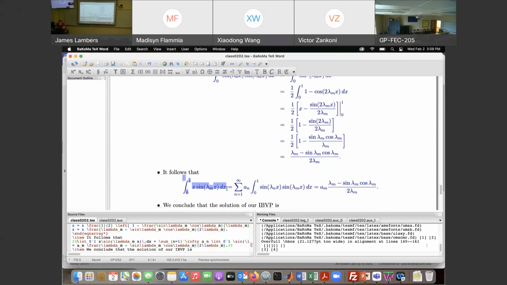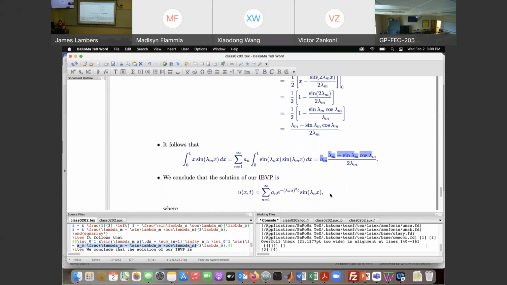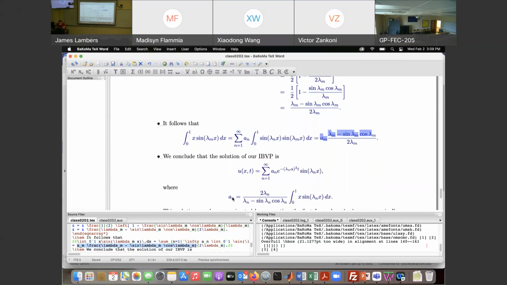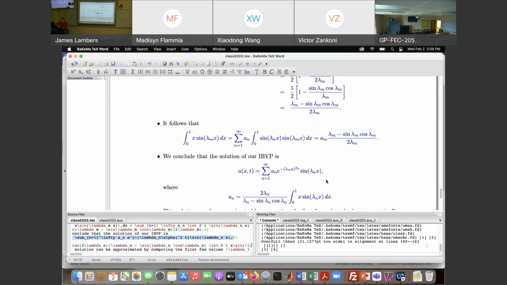I now have this equal to this, and I can rearrange this equation to solve for, well, here's am, but I can also write an, as long as I'm consistent. So here's my formula for an. And now I can use that in here, and my initial boundary value problem is solved. So this satisfies the PDE, boundary conditions, and initial conditions.